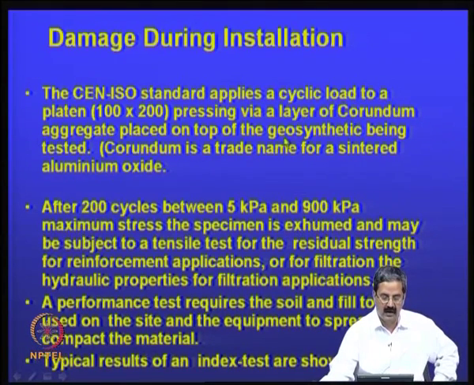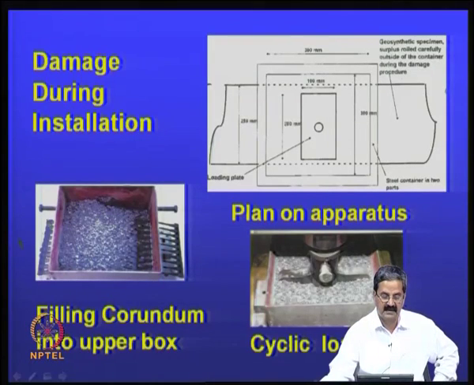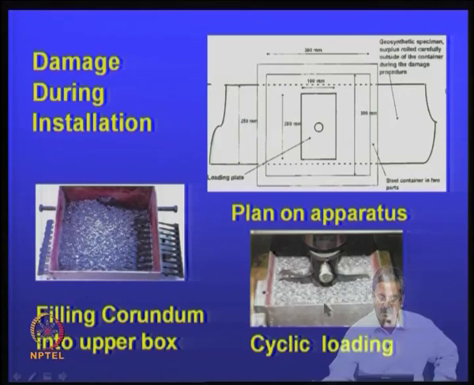This is what we call a performance test. For example, this is damage during installation, filling up in this corundum box. This is the geogrid material, and cyclic loading is applied.